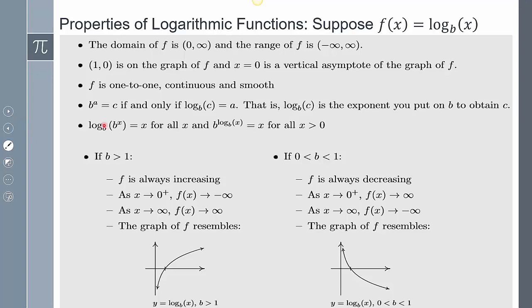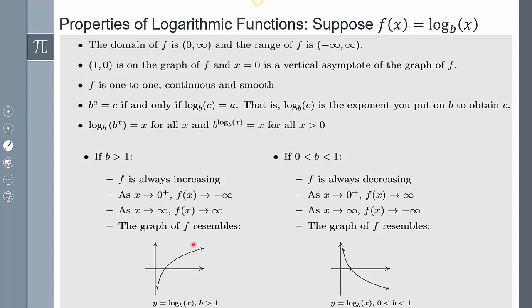And then also, log base b of b to the x, because those are inverses of each other, they cancel out. And b to the log base b of x, because those are inverses of each other, those will also cancel out. And that's in terms of compositions of each other. Just know we're eventually going to talk about that as well. So I'm just bringing it up now, but we're going to talk about it and qualify it further.